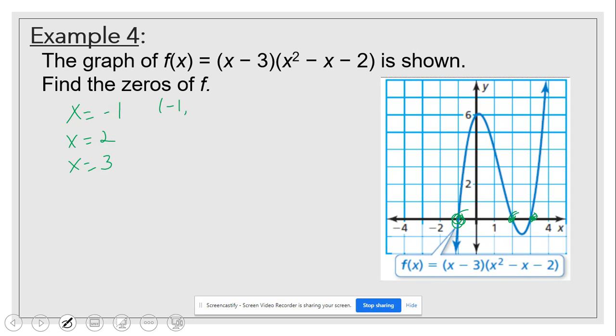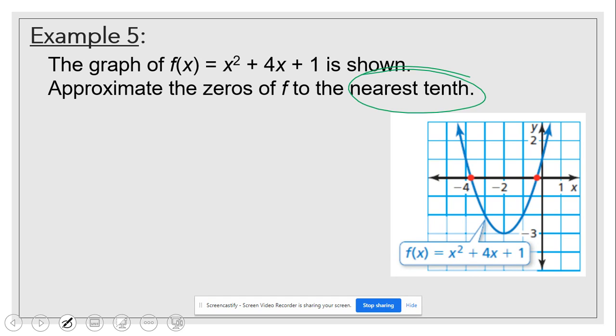As points, these would be (-1, 0), (2, 0), and (3, 0). And you could also get those x-intercepts if you factored this, which would factor to x minus 2 times x plus 1. And if we then solve for 0 on those, we would get those same points.